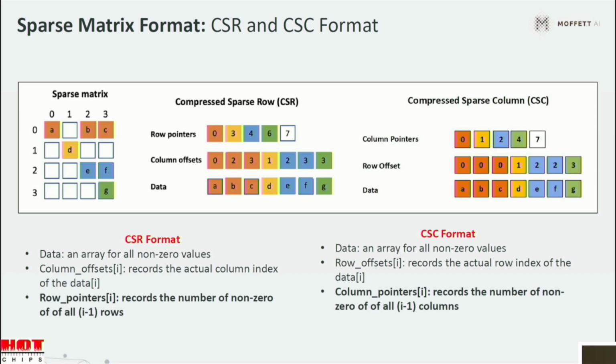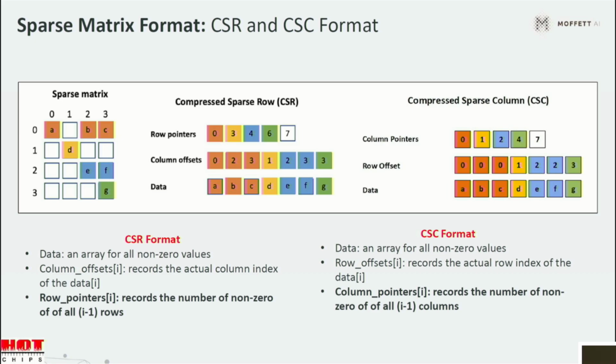And for row D, there are 3 non-zero values, so we record the value 3 here. For this row, there are 1, 2, 3, 4 different non-zero values, and we put a 4 here. And then here, there are 6 non-zero values in the previous rows, so we put the 6 here.